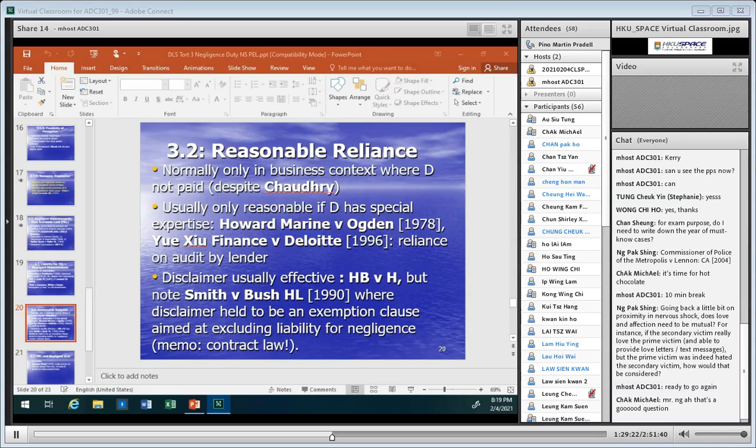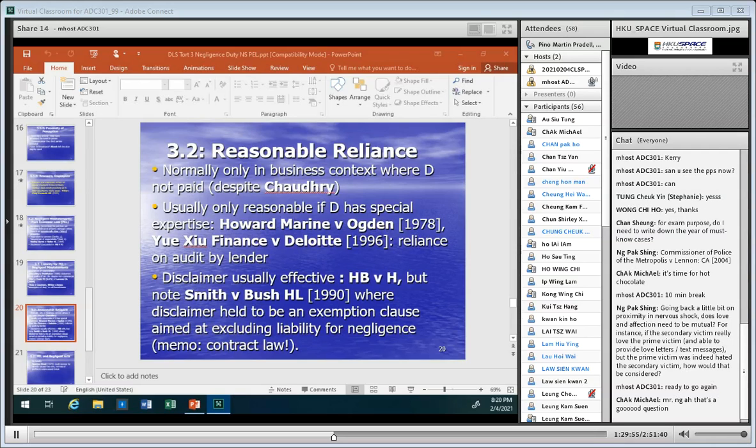The court found that there was negligence, and there was a disclaimer, but the court found that the disclaimer was in effect an exemption clause, therefore the legislation applied, therefore it says that the exemption clause would only be effective if it was reasonable, and the court found that it was not reasonable. Okay.